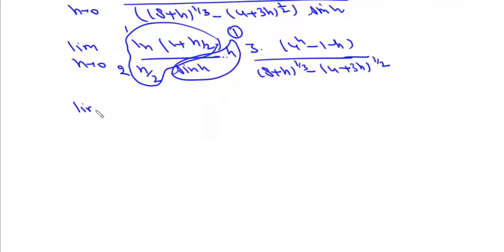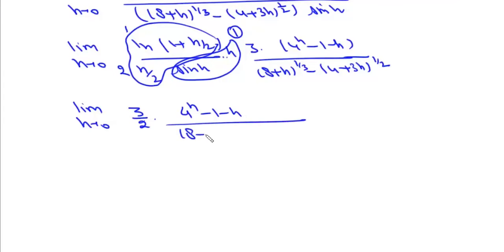limit h tends to 0, 3 by 2, and then it is (4^h − 1 − h) upon (8+h)^(1/3) minus (4+3h)^(1/2). And if we put h as 0, it is 0 upon 0 form. And once it is 0 upon 0 form, we use L'Hopital's rule.